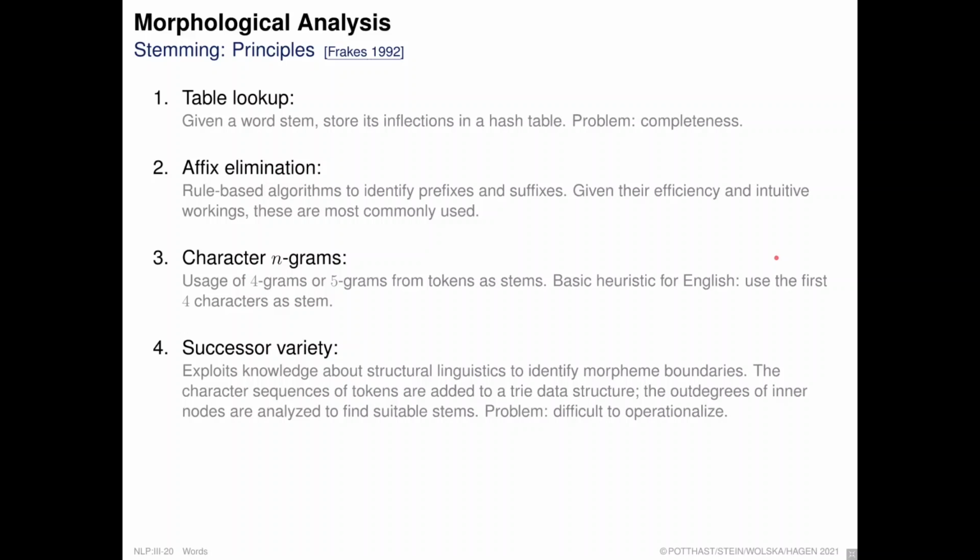Still more robust and less linguistically informed is a method based on character n-grams. So remember that an n-gram is an entity that consists of n smaller entities, where the n is the order of the n-gram. In this case, as the base unit, we would take characters, letters, and most methods are based on 4 letters or 5 letters that are removed from the words, from the token, and the rest is assumed to be the stem.